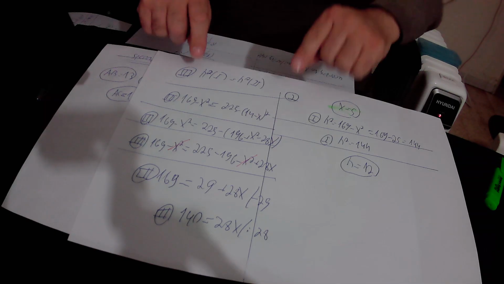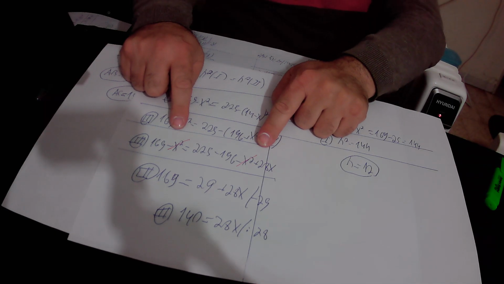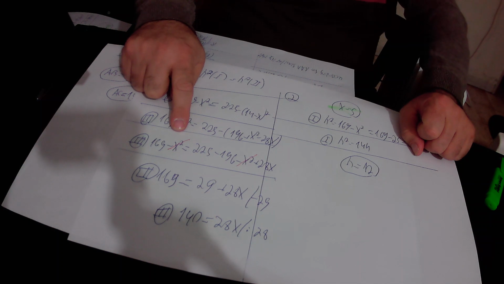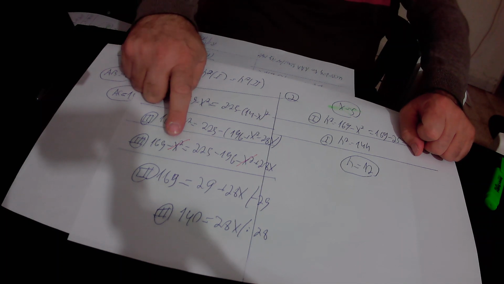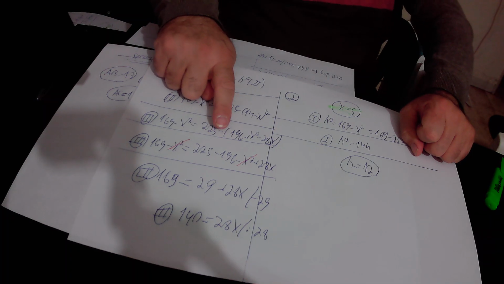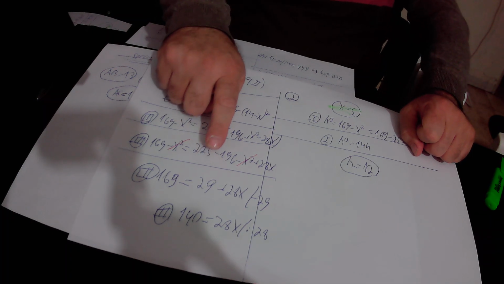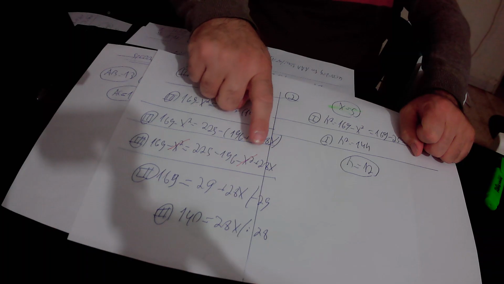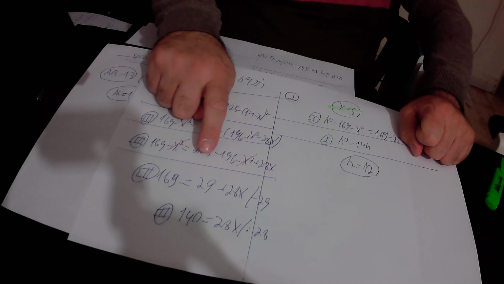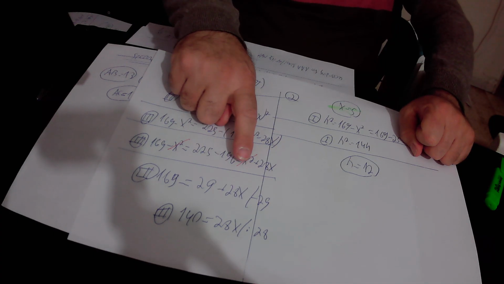Here we have minus x squared on both sides of the equation, so minus x squared will be cancelled. On this side we are left only with 169. On the other side of the equation, we have 225 minus 196, that is 29, plus 28x. So, in conclusion, according to equation number 3, we found out that 169 equals 29 plus 28x.